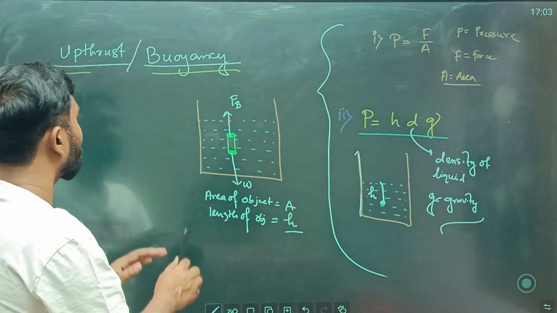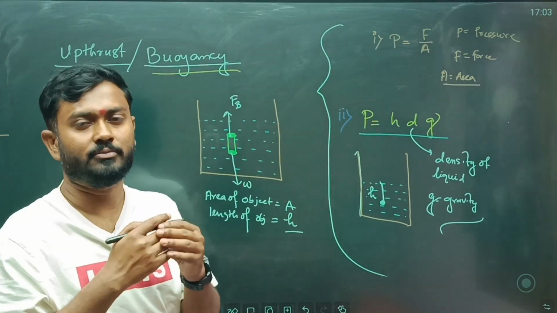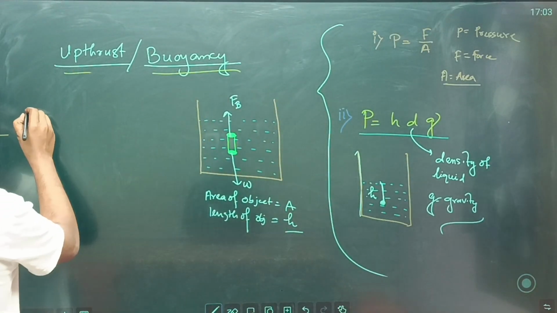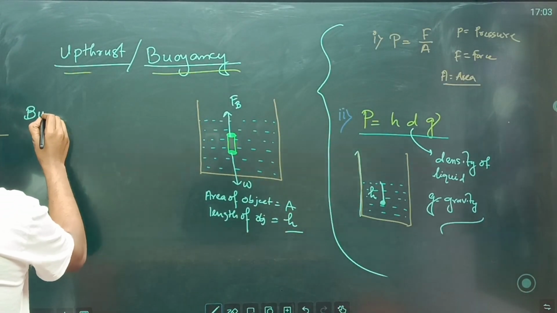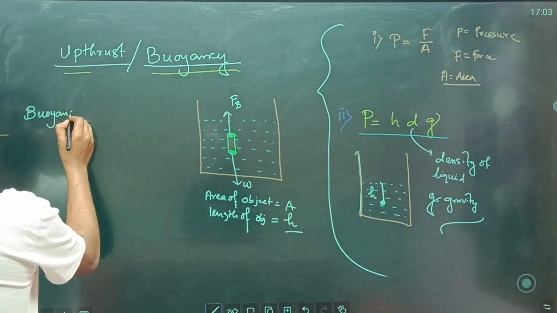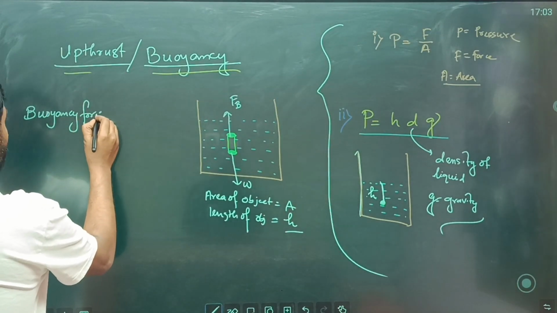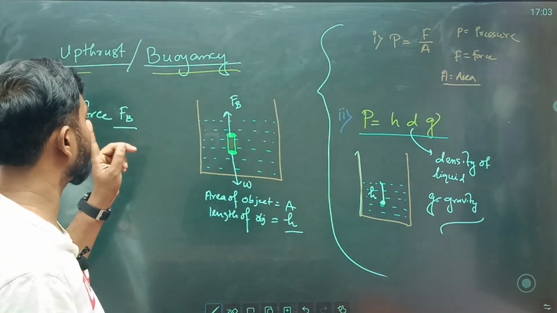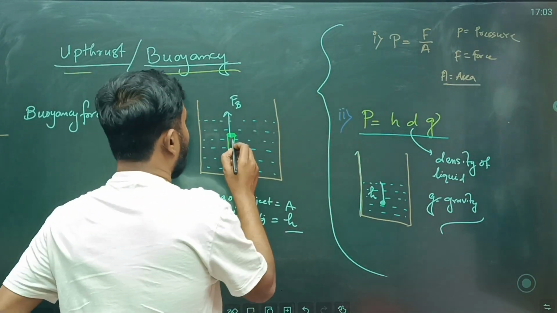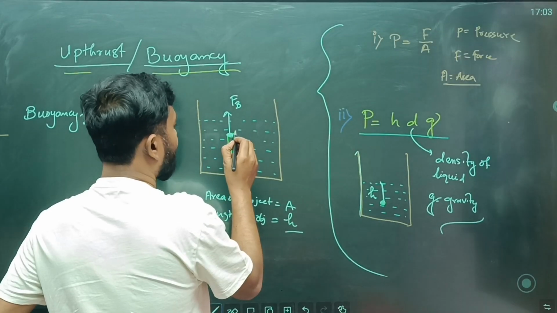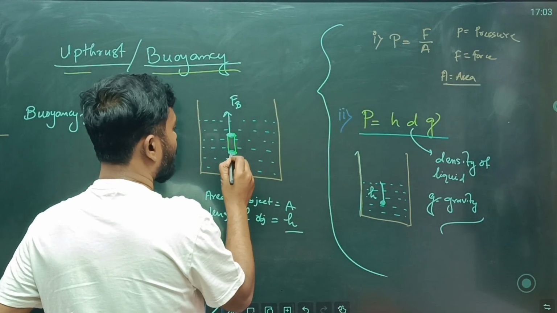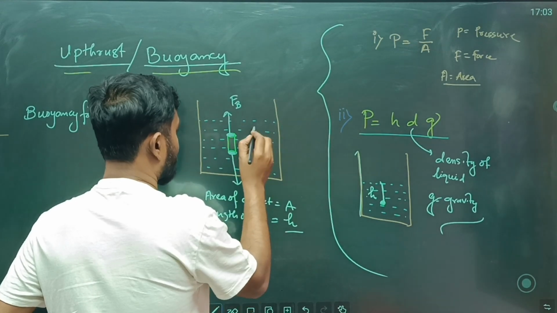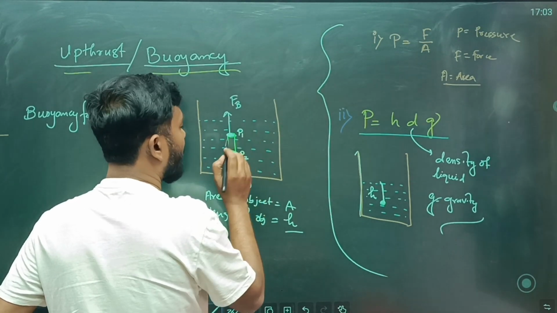Now we have to find the value of the buoyancy force Fb. Think about this: here there is a pressure, and here there is also a pressure. This pressure is known as P2 and this pressure is known as P1.